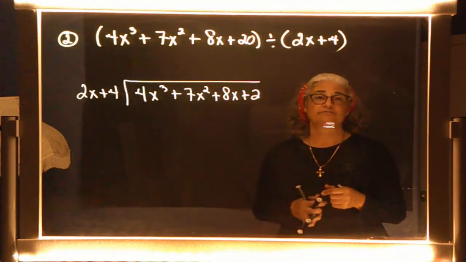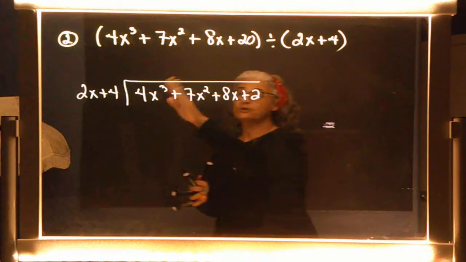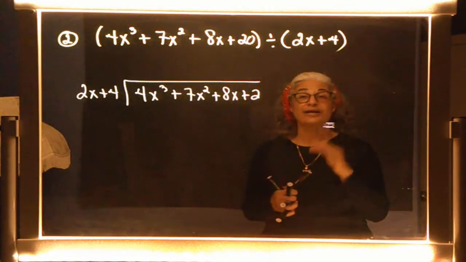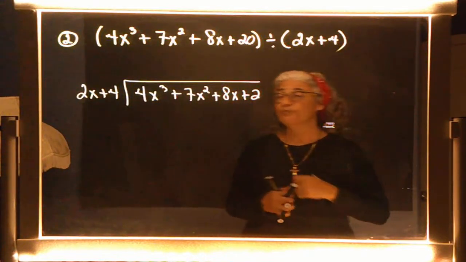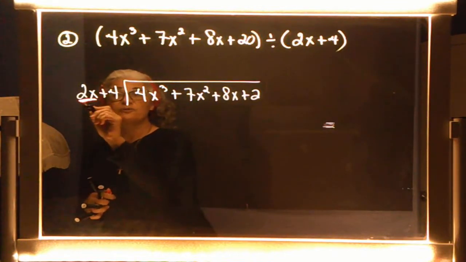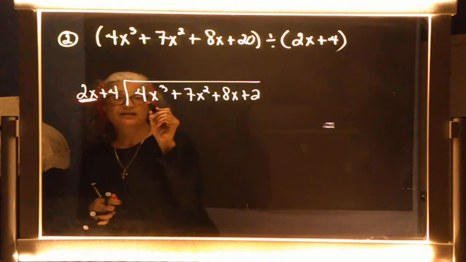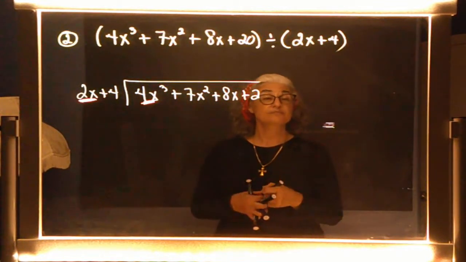Okay, so now, check it out. Remember, I'm trying to systematically wipe out every term underneath. And what's going to help me is the first term on the outside. So the first term on the outside in the beginning has helped me wipe out this first term on the inside.